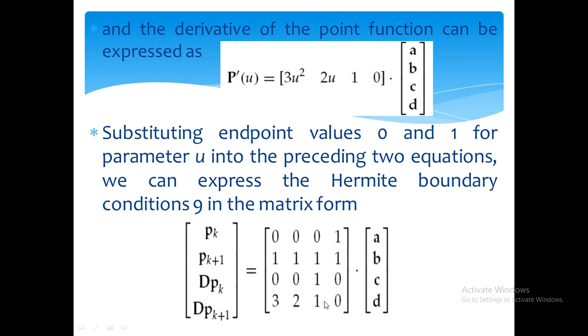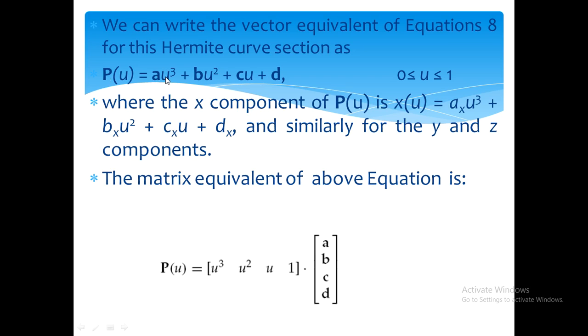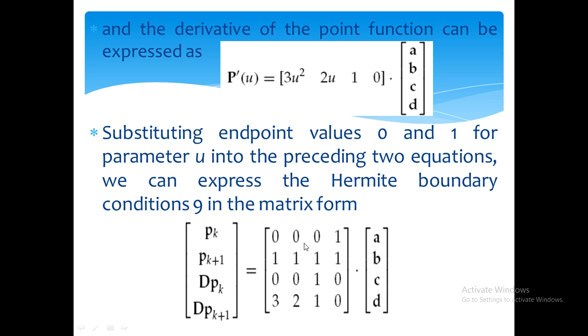Then pk plus 1, at the other end where u is 1: 1 cube, 1 square, 1, 1, that is 1 1 1 1.